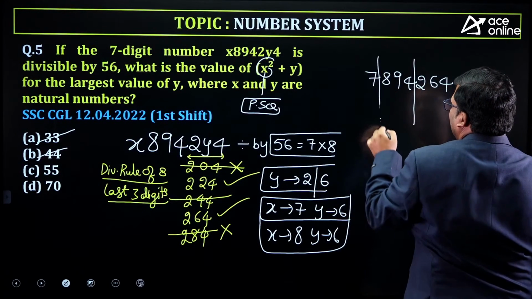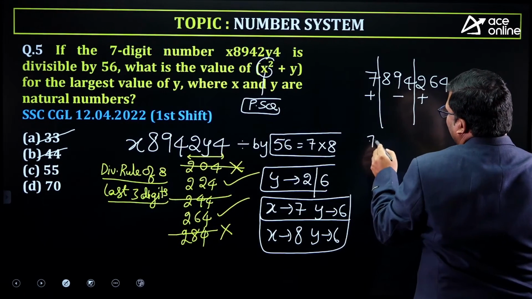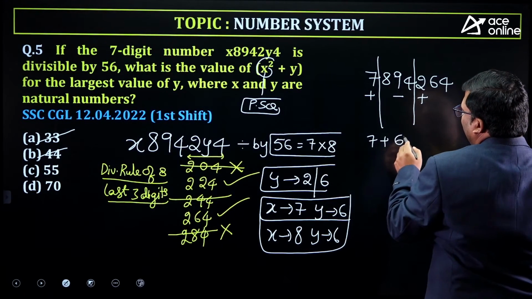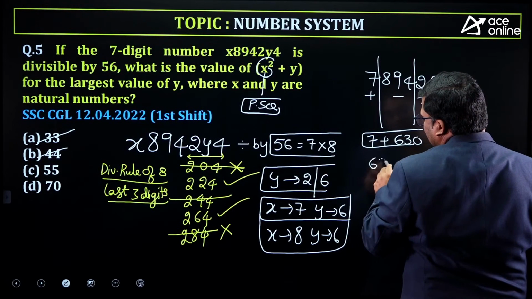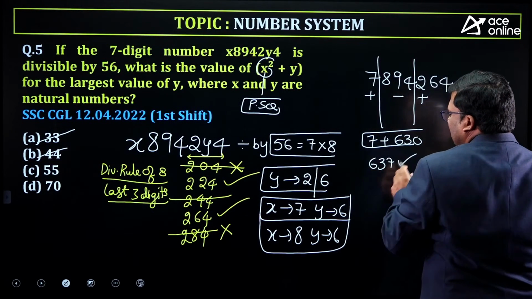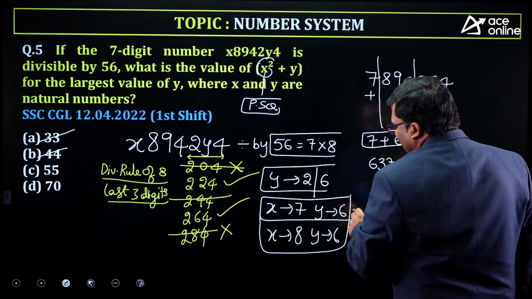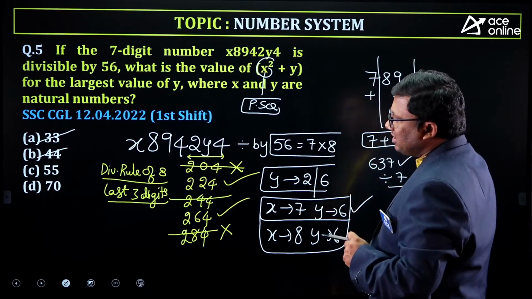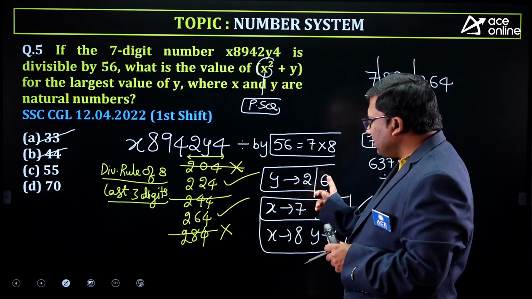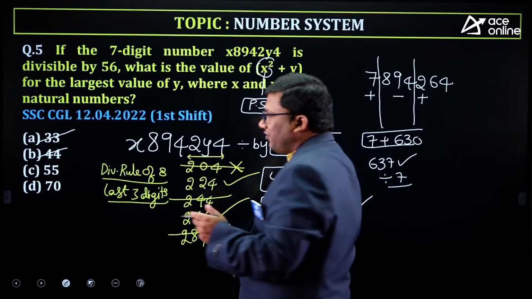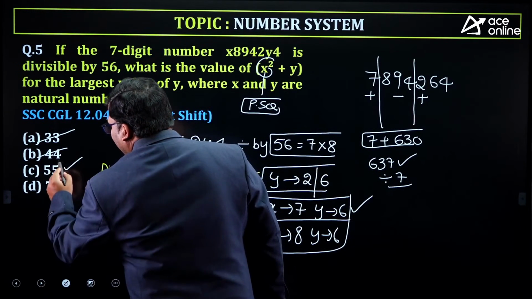Take a group of 3 digits, alternately plus, minus, plus. 7 plus 894 minus 264 is 637. 637 is divisible by 7. That means x is 7 and y is 6. So the answer for this question is 55.